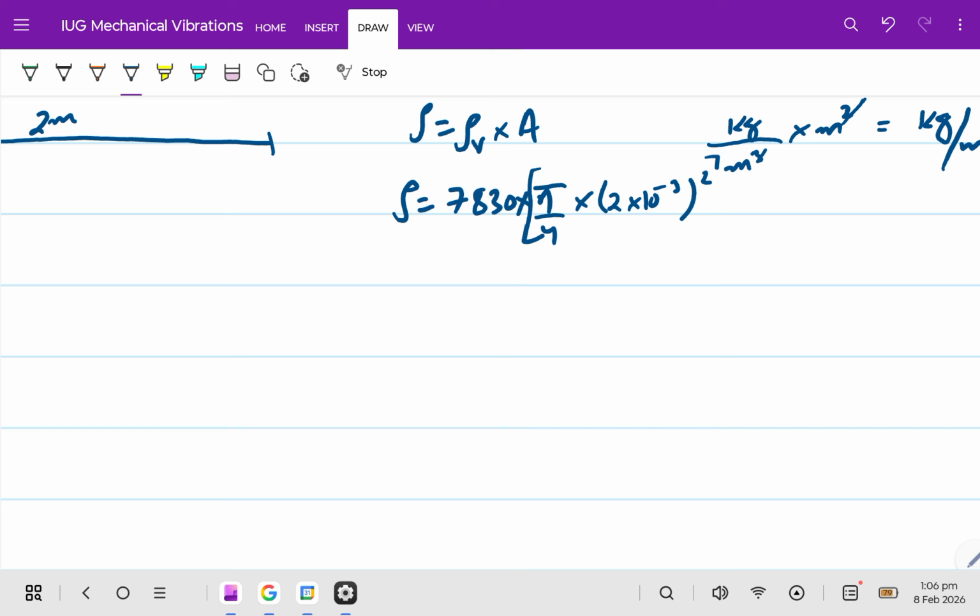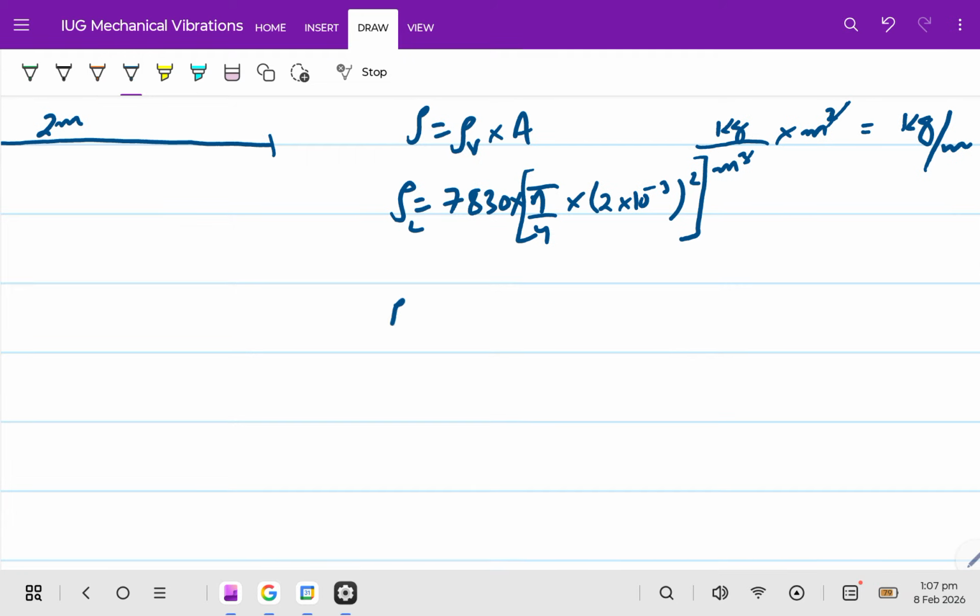So that is the area. If you solve this one, you will end up having a linear density of 24.5987 kilogram per meter, times 10 exponent minus 3 into 10 exponent minus 3.